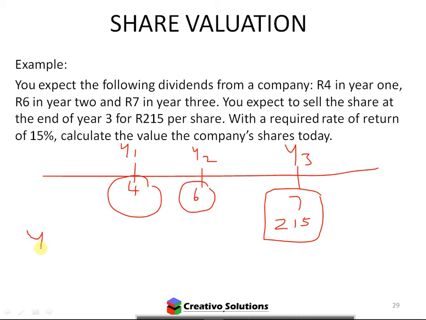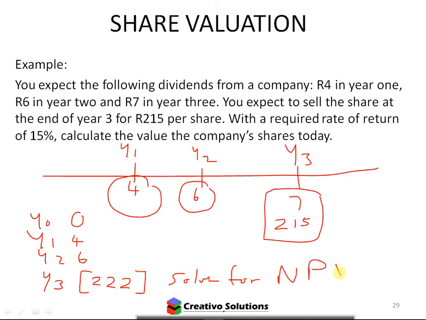On your calculator, Y0, Y1, Y2, and Y3. Y0 is 0, Y1 is 4, Y2 is 6, Y3 is what? 7 plus 215, which is 222. Okay, solve for NPV.